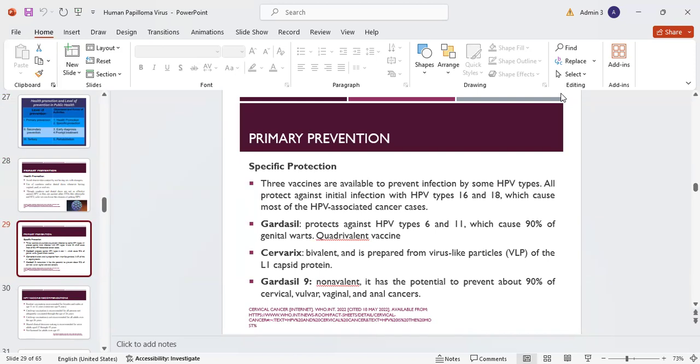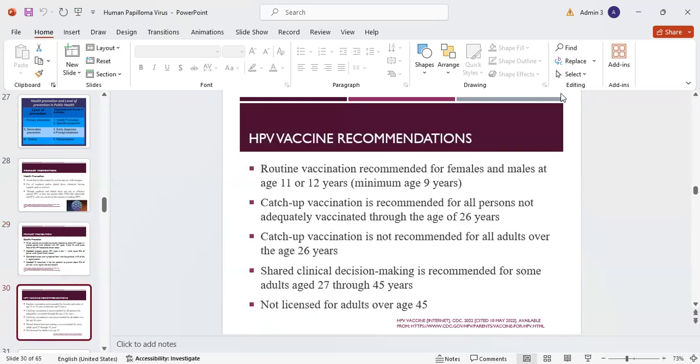It is a quadrivalent vaccine. Cervarix is bivalent and is prepared from virus-like particles, VLP, of the L1 capsid protein. Gardasil 9, nonavalent, has the potential to prevent about 90% of cervical, vulvar, vaginal, and anal cancer.